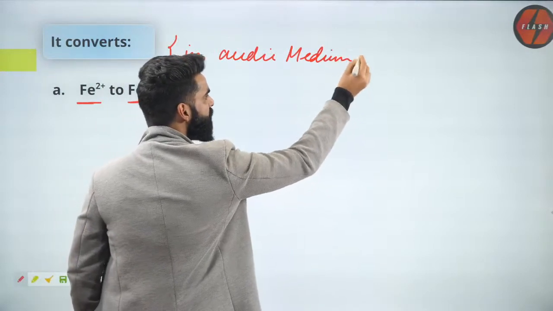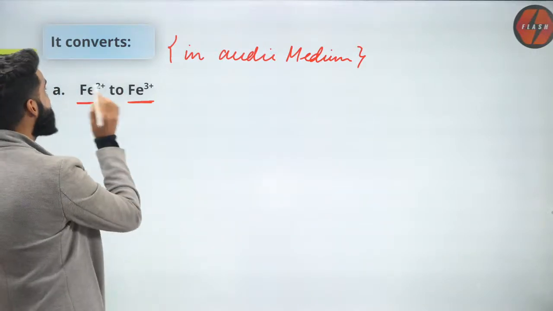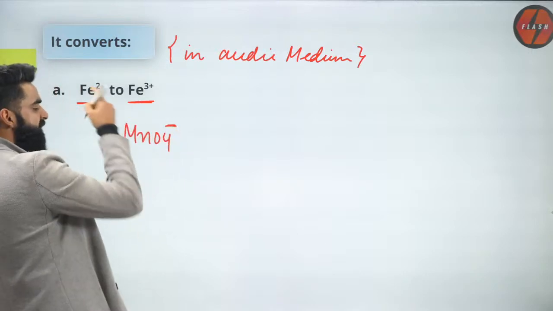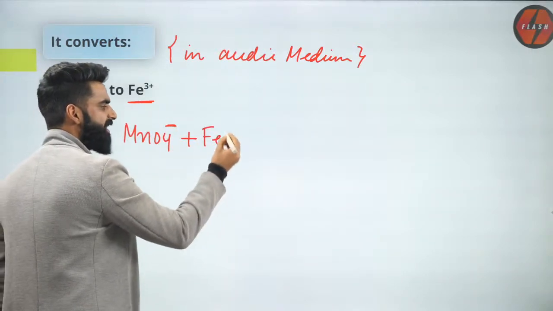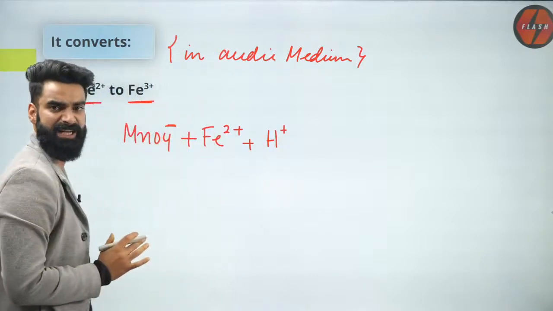Now the point is, what should be the reaction? What I told you is, this KMnO4 or MnO4⁻ converts Fe²⁺ to Fe³⁺ in acidic medium. This H⁺ represents your acidic medium.